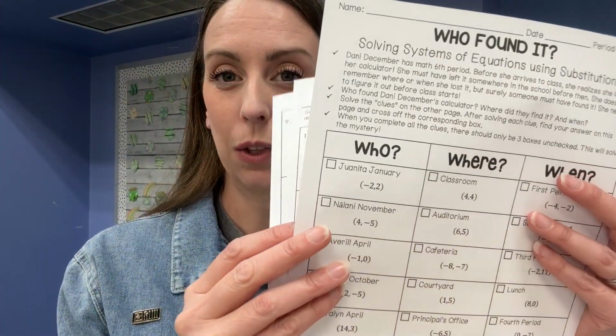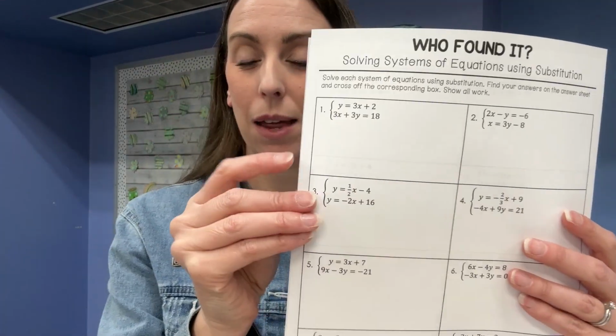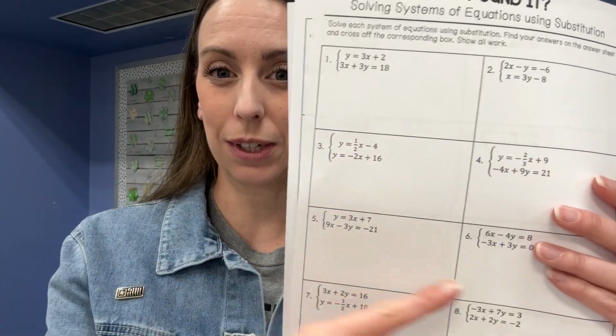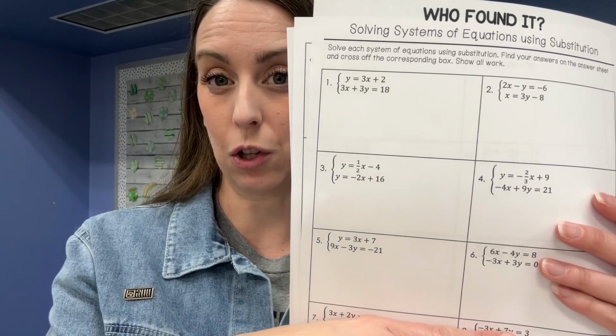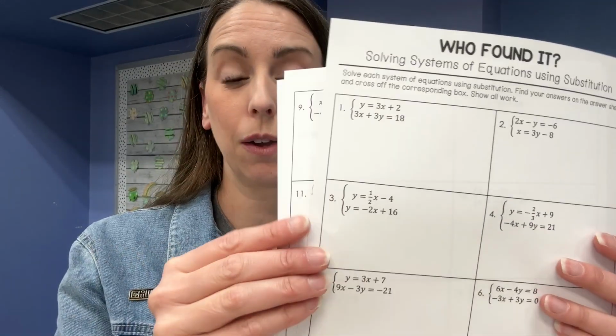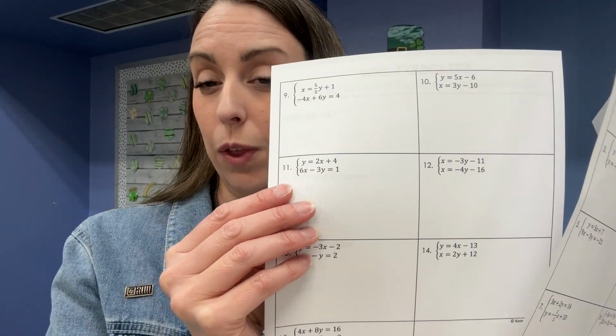Now, I do want to say that if we look at the 15 version of this, the answers for the mystery are going to be different for the 6, 9, 12, and 15 versions. So you're getting different answers for each of them, but what is the same is on my 15 version, the first 6 questions are the 6 questions that are included in the 6-question version. The first 9 questions are the 9 questions that are included in the 9-question version.